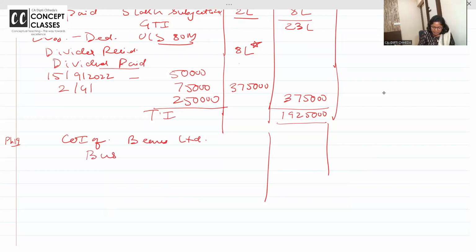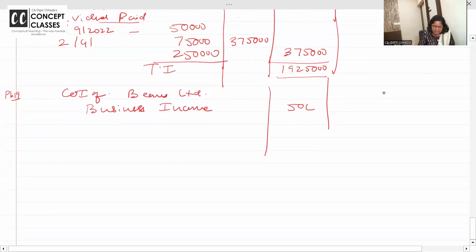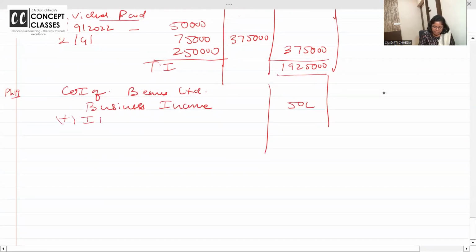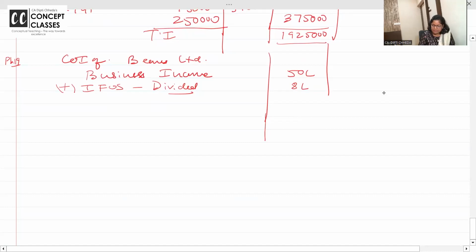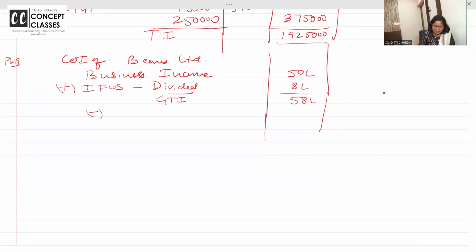First we have written business income. How much is the business income? 50 lakhs. Add income from other sources, that is dividend. How much is the dividend? 8 lakhs. So the gross total income is 58 lakhs.